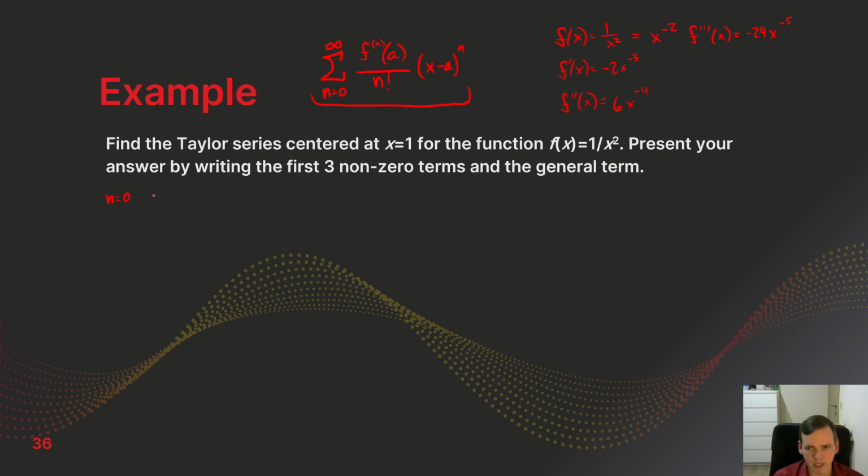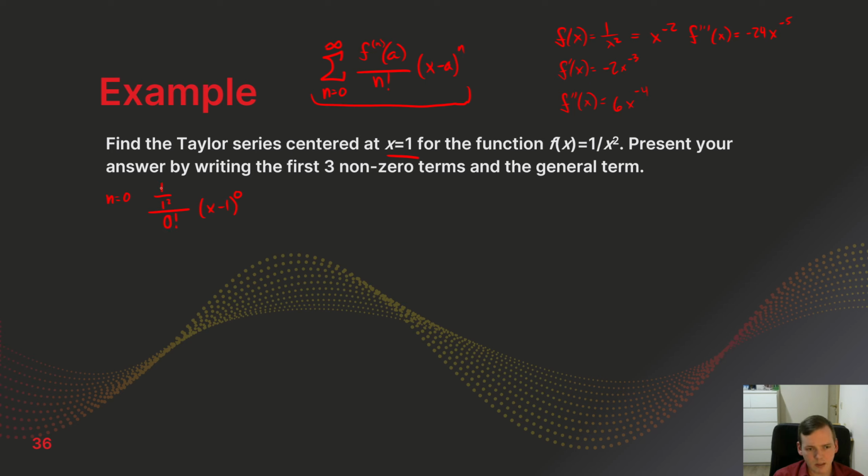says that we have the 0th derivative of f of x, so that will be 1 over x squared, which we're centered at x equals 1. So 1 over 1 squared divided by 0 factorial times x minus 1 to the 0th power. Sorry, that should be 0 factorial.